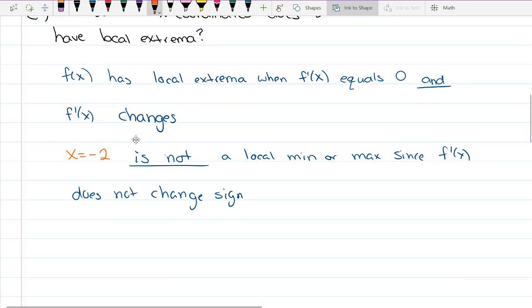Let's look at the other one, x equals 1. What do you think this is? Is this a local max, local min, or not an extrema at all?